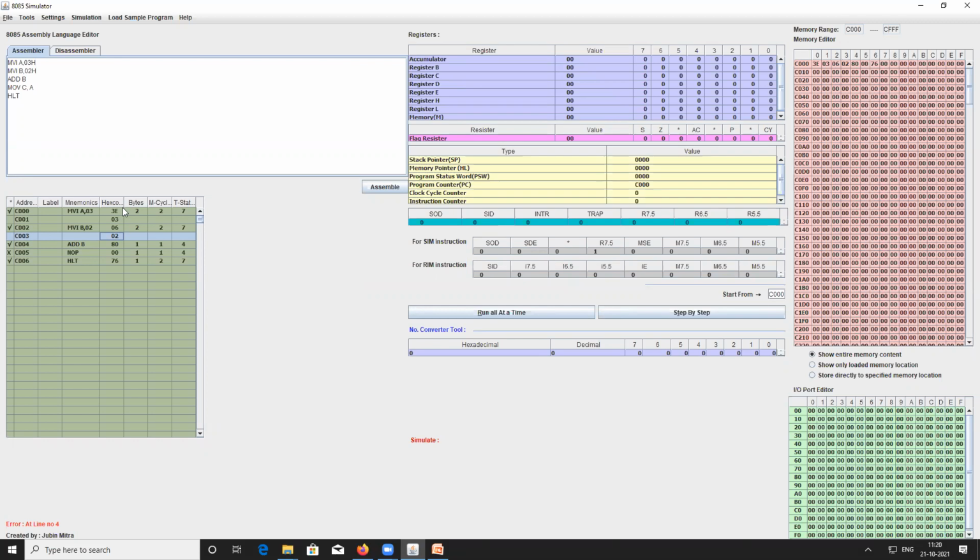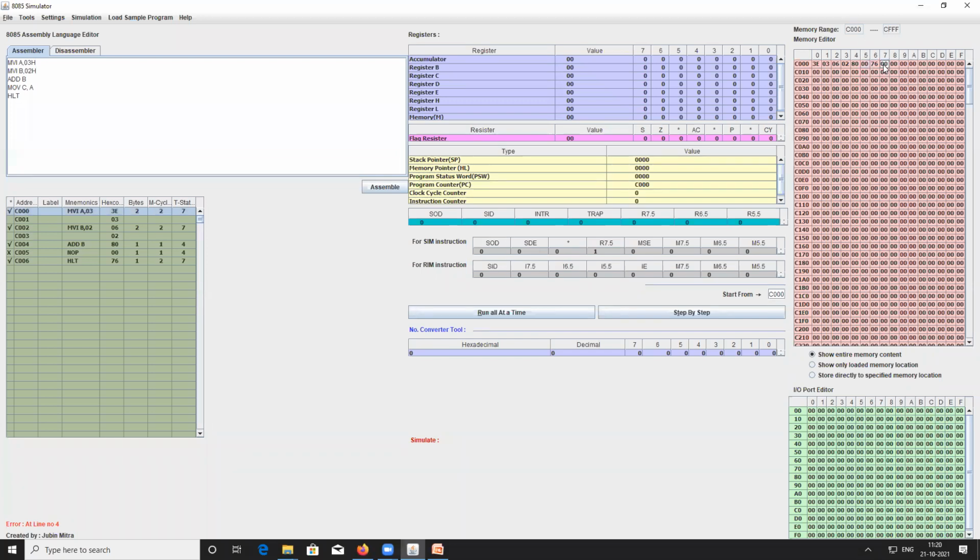Here we will go to the step-by-step execution. See what happened. On the right side after assembling, C000 contains 3E, C001 contains 03, C002 contains 06, then 02, then 80, then 00 and 76.